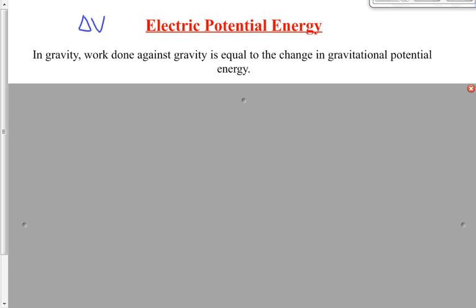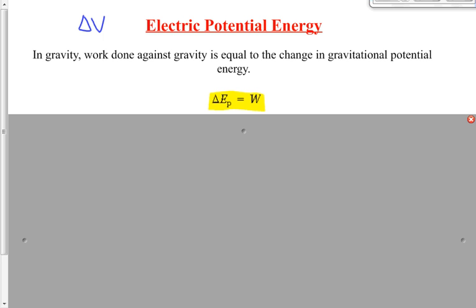If I lift this pen into the air and it gains 10 joules of gravitational potential energy, that must be because I did 10 joules of work on it. Work is equal to the change in energy. As the potential energy rises, I must have done work on it. In other words, W is equal to delta E. Easy enough, right? It's the same thing.